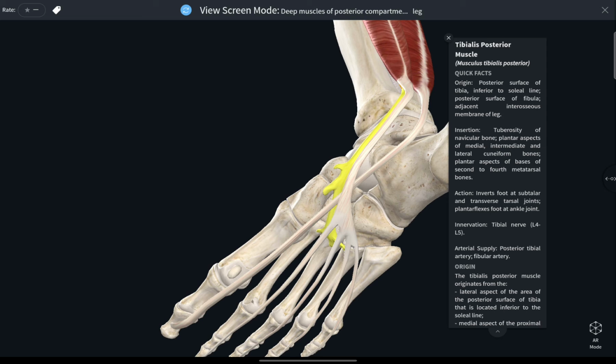It can plantar flex the foot at ankle joint, and it inverts the foot at subtalar joint.